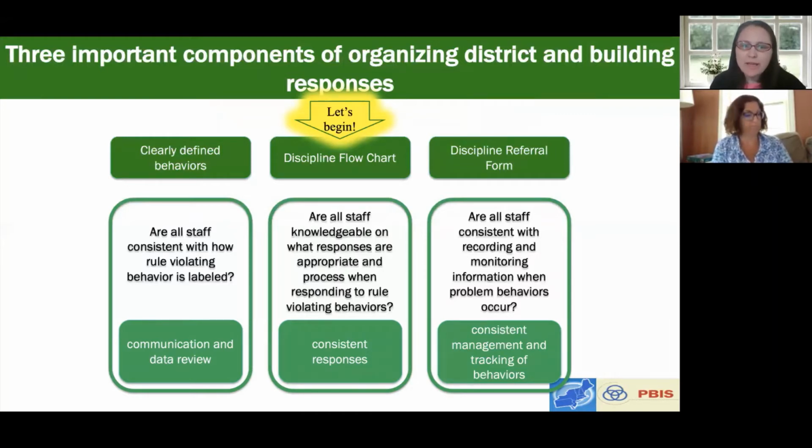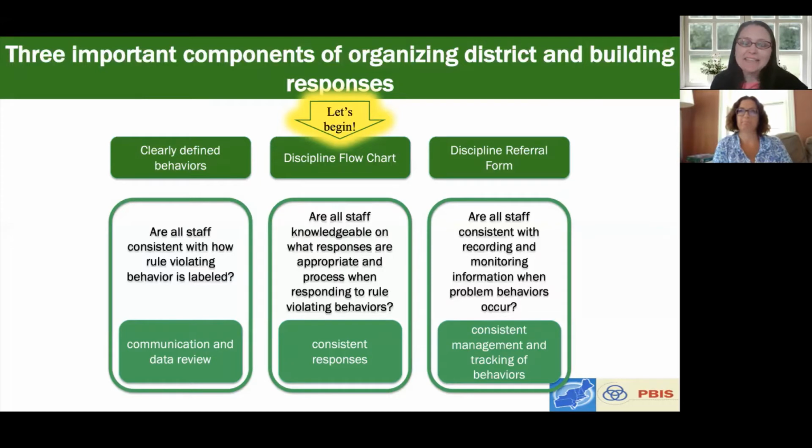So this flowchart helps us to prevent uncertainty with staff about what to do in the heat of the moment. But it's also important to recognize that we all have different thresholds and moments in time when we might be more susceptible to make snap decisions, depending on what's going on in our own lives. So if we're not feeling well one day, or we are caring for sick parents, or might be going through a divorce or something like that, then it can increase our vulnerability to not adhere to these guidelines, right?